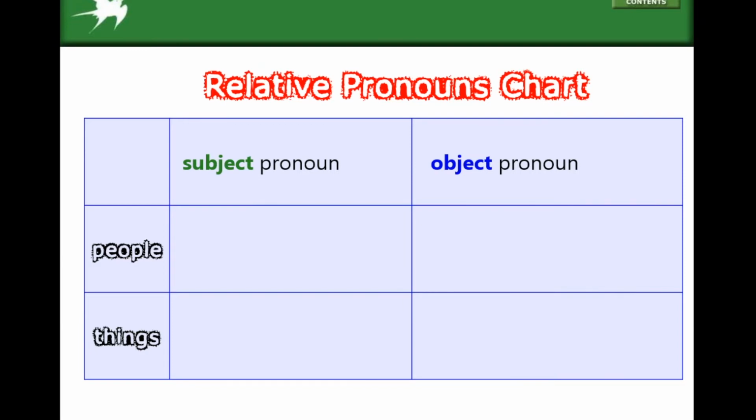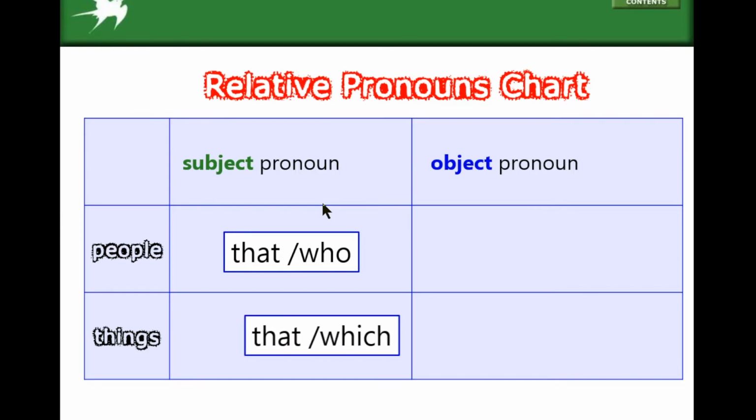So, when you use a subject pronoun, who is for people, which is for things, and both who and which can be replaced by that.